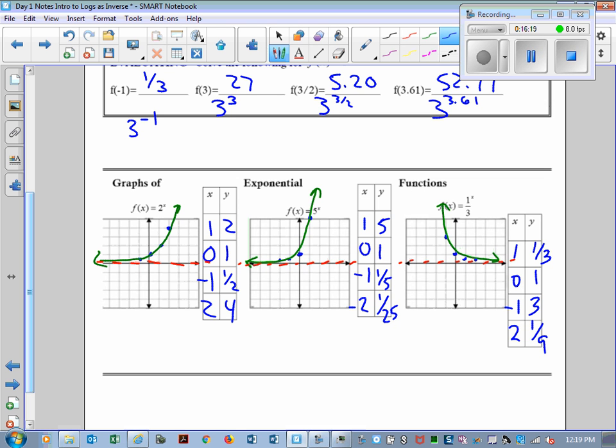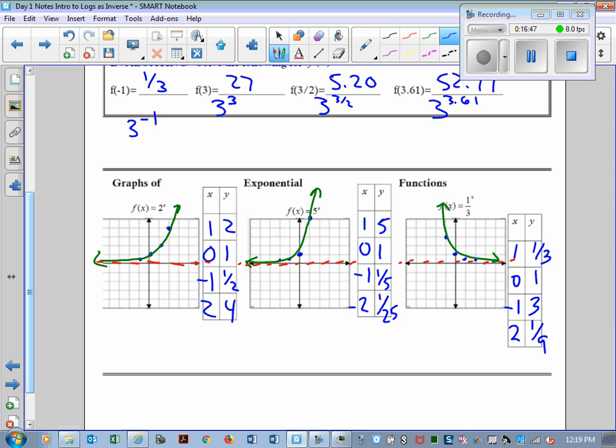I do want to talk about this one. Anyone know what the transformation is here? Reflect over the y-axis. Do we know why? How else could we write this to show the reflection over the y-axis? How can you write 1/3 not as a fraction?